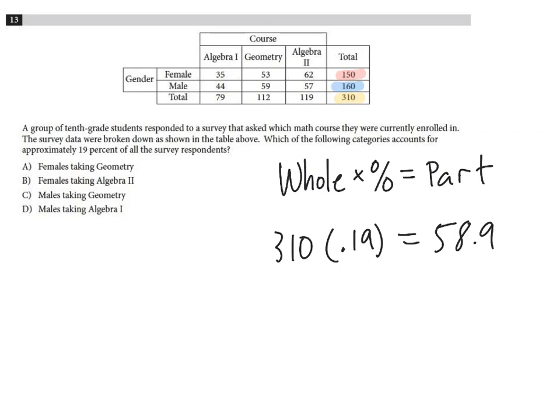Females taking geometry, 53. Females taking algebra 2, 62. Males taking geometry, 59. Oh, well, gee, that's really close. And males taking algebra 1, 42, or 44, sorry. Okay, well, clearly it's going to be males taking geometry at 59.